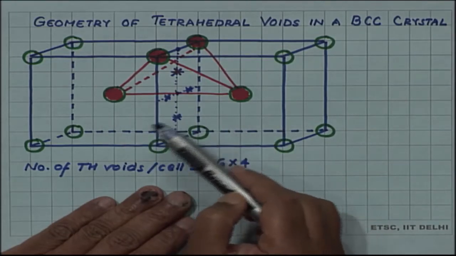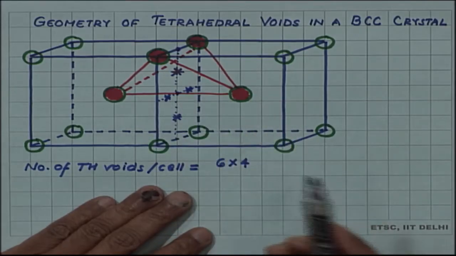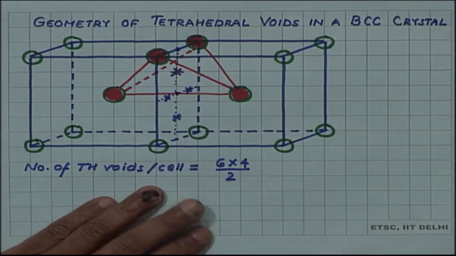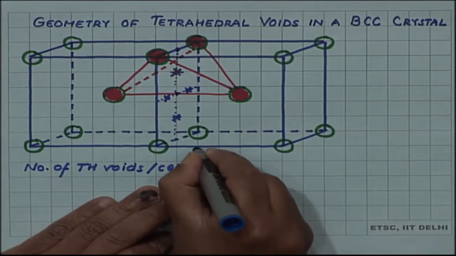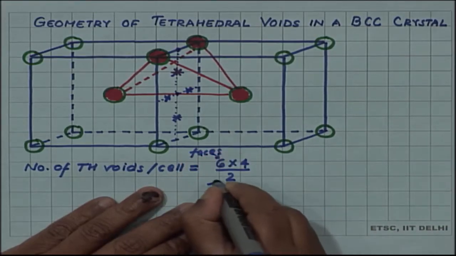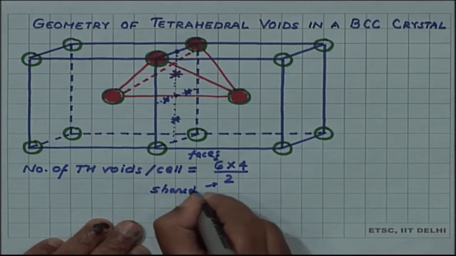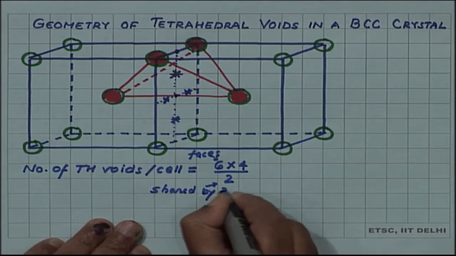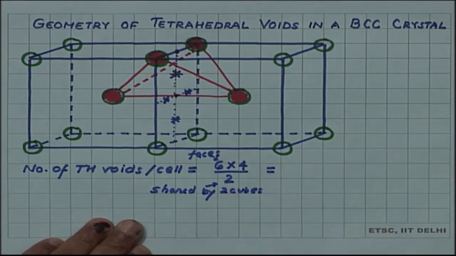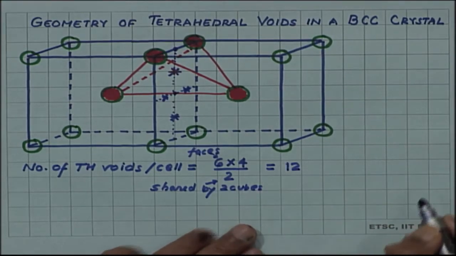Similarly, the other voids which we have not drawn will also all be shared by 2 cubes. So, we have to divide this number by half. So, 6 because of the 6 faces of the cube, and 2 because shared by 2 cubes. So, you have 12, it is a rather large number.